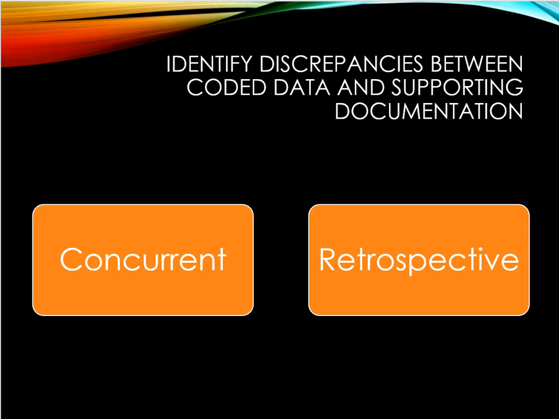So we always want to make sure that we're coding to the highest level of specificity. Identifying these types of discrepancies can be done concurrently, meaning at the time that they're actually coded, or this discrepancy can be identified after the services have been coded, and oftentimes after we've been paid for those services.